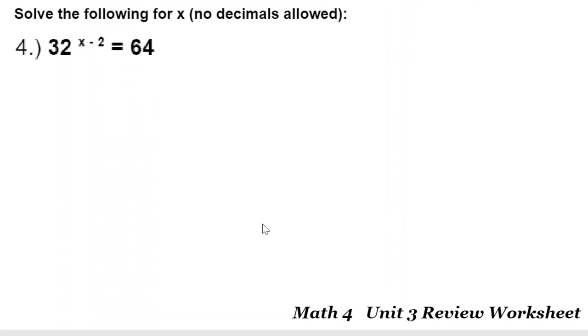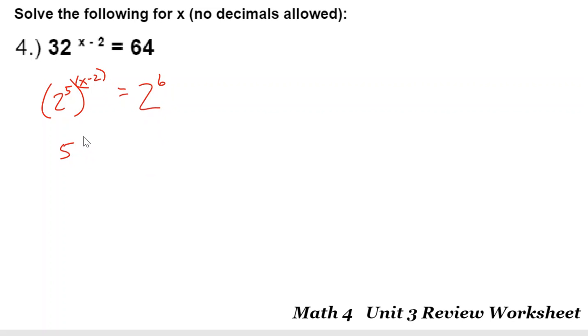Now, this guy, as much as you think, well, 32 times 2 is 64, you're talking about exponents here. It's not 32 squared, it's 32 times 2 is 64. So that's not really going to work. You're going to have to break it down and realize that all of these have a base of 2. And 64 is 2 to the 6th.